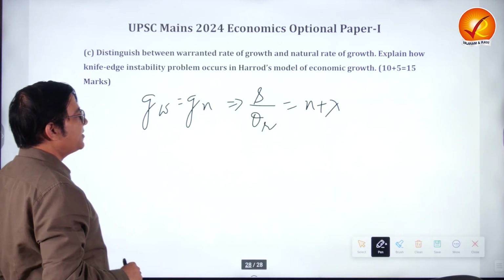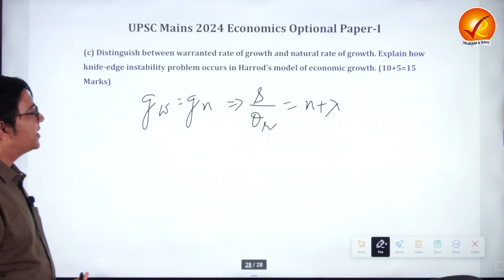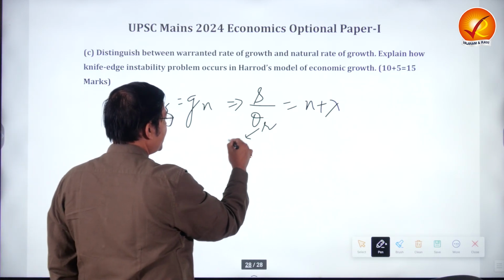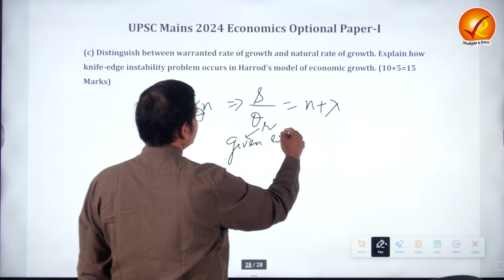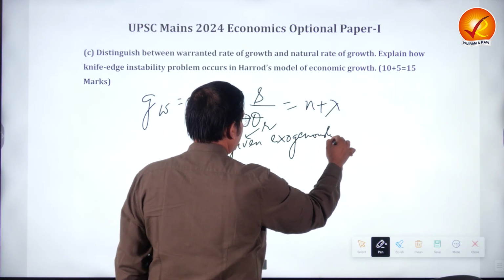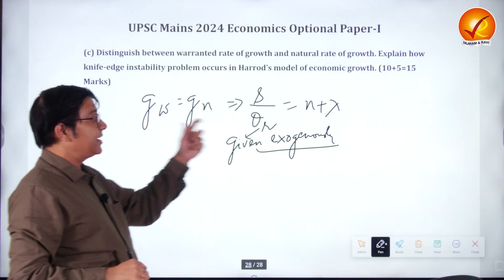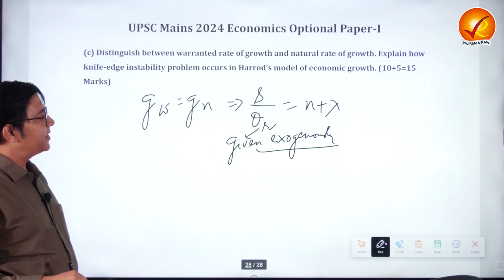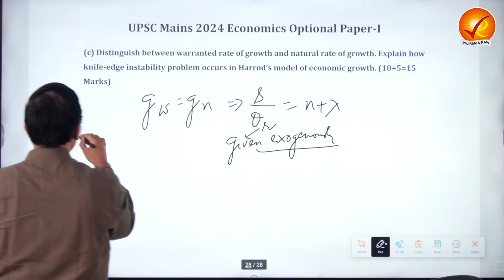Now the problem here is that these are all kind of constant. Okay, theta is given exogenously. And even the rest are more or less constant. Savings rate, population growth rate, etc. That is why we say that the model is overdetermined.